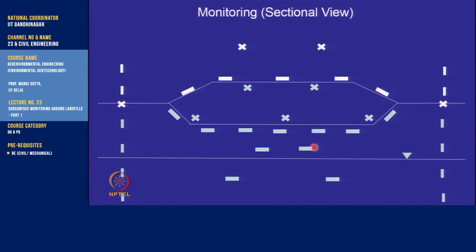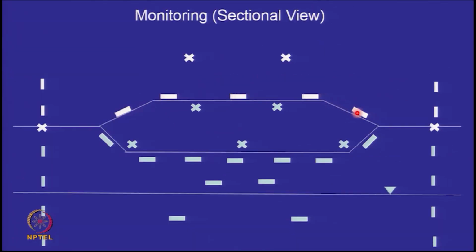And if I am looking at a landfill, just a few symbols. This is the landfill, partly above the ground, partly below the ground. I should monitor on the landfill surface. So these are just some sensors. Okay, and I would like to monitor here as well, and I would like to monitor here. If this is the inflow point, if the inflow drain is here, I would like to calculate the contaminants in the inflow water, and if this is the outflow point, discharge to drains, I would like to monitor here.